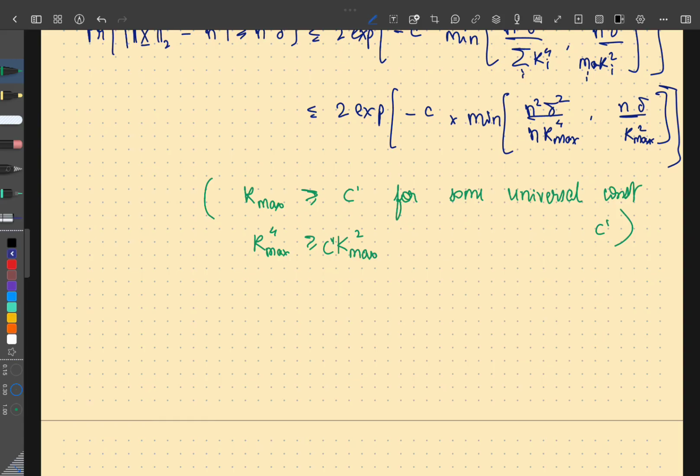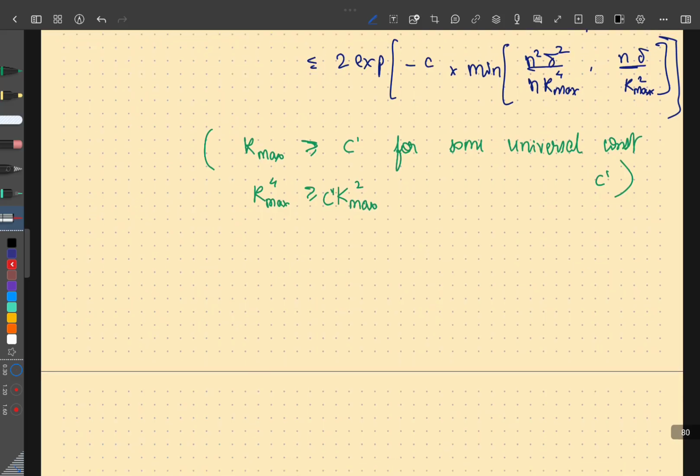Basically, I have two terms over here. One that involves delta square by k max to the power 4, the other involves delta by k max square, and I want to take the denominator outside this min. Okay, that's the only reason.